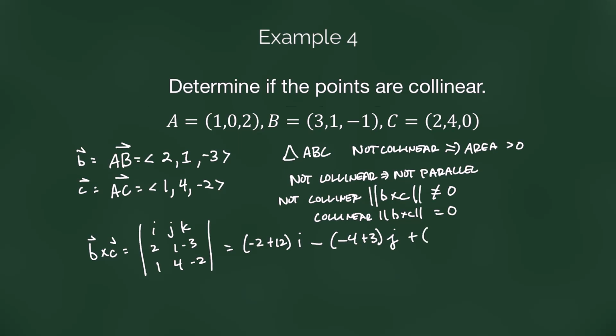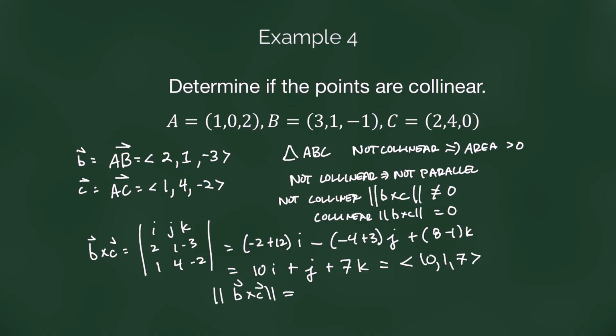And then k would do 2 times 4 is 8 minus 1 times k. And so we get 10i, negative 1, so plus j plus 7k as our vector. So 10, 1, 7. And the magnitude of B cross C is clearly not 0, which means that these 3 points are not collinear. There's not one single line that will contain all 3 of those points.